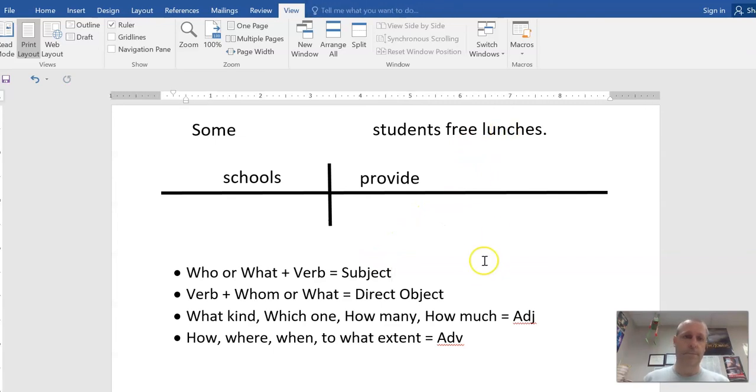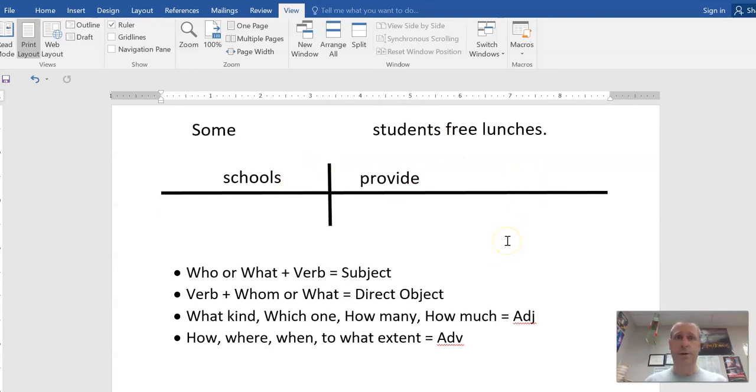That's what they provide. Now, you might notice there is a noun here, students, and you might say, oh, students is the next noun, I'm going to put that in the direct object spot. But you have to be very careful when you're reading the sentence that you're answering the correct question. Do schools provide students? Not really.